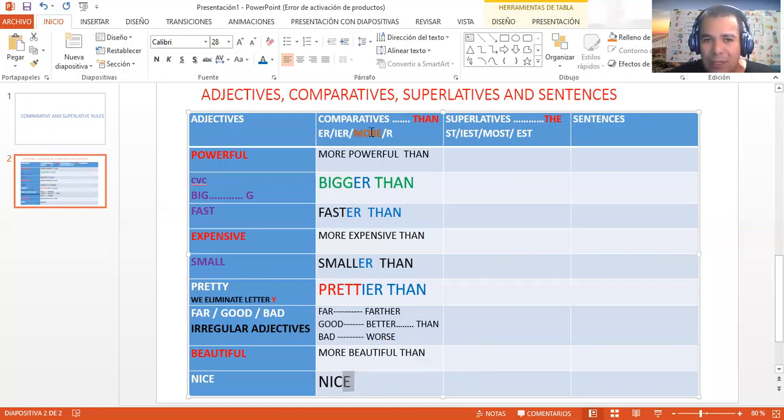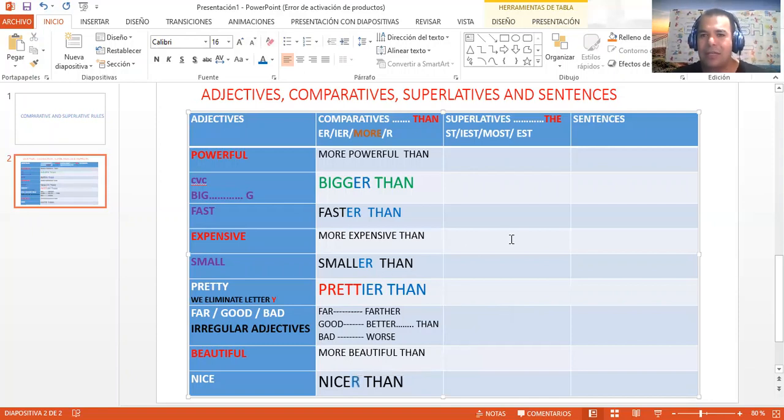So we already use ER, and we already use IER, and the only one that we have left is R. So that's the one that we're gonna write right here, letter R. And at the end, we say nicer than. And that's the way that we basically create the comparative of these adjectives.